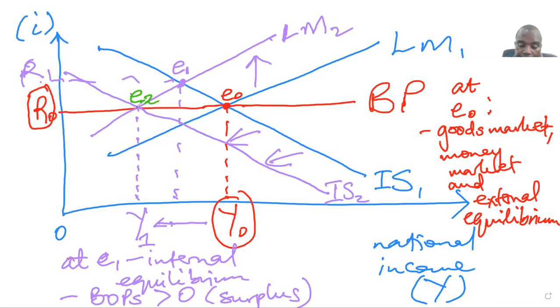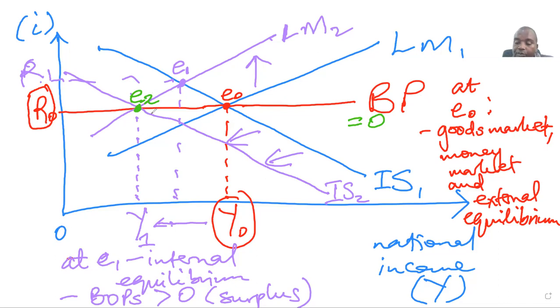At point E2, we'll be having a new equilibrium, which occurs at a point where the balance of payments is equal to 0. And once more, there is a general macroeconomic equilibrium, which is an open economy equilibrium.